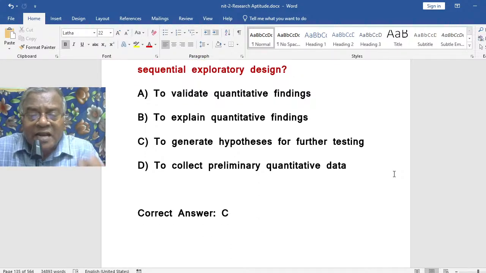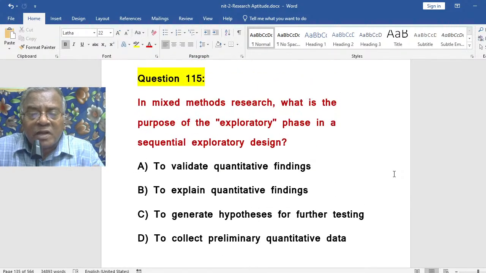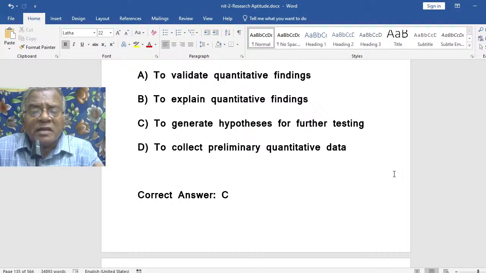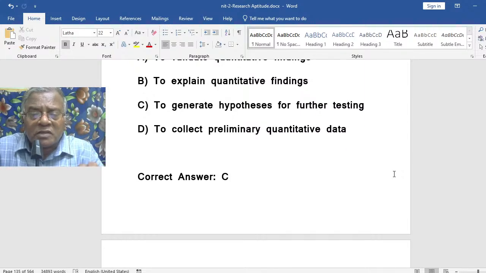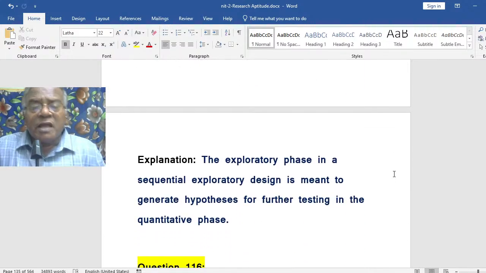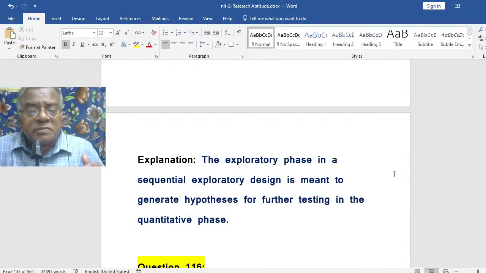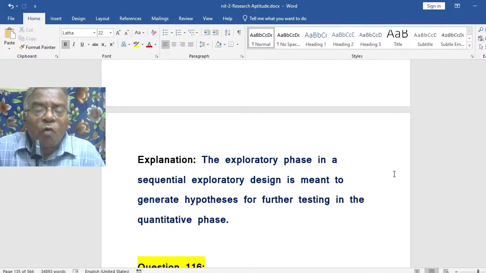That is to generate a hypothesis for further testing. The exploratory phase in a sequential exploratory design is meant to generate a hypothesis for further testing in the quantitative phase.